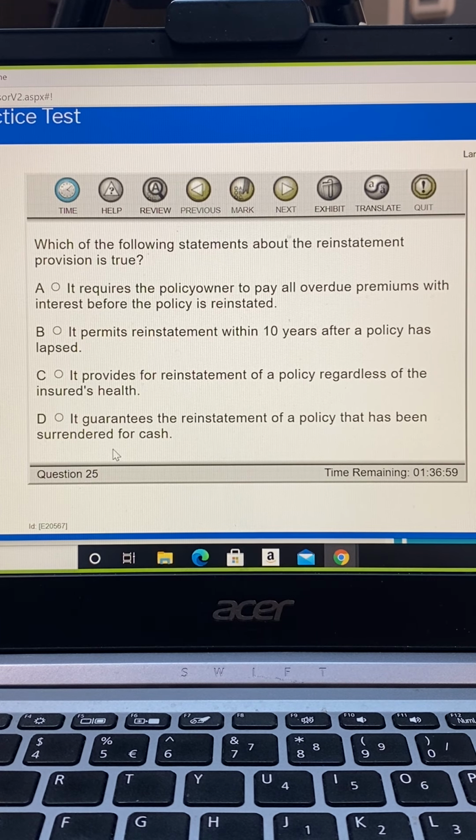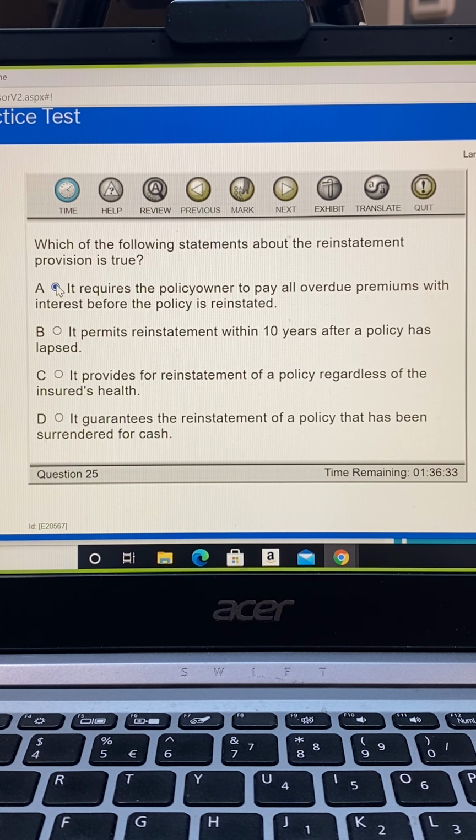No, that's not true. If you have a whole life policy and do a cash surrender, you can't reinstate it. It provides for reinstatement of a policy regardless of the insured's health. Nope. When you reinstate it, you have to be healthy. And you can't reinstate one that's been lapsed for 10 years. So that answers A.